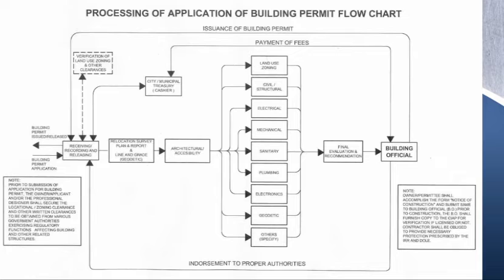This includes land use zoning, civil or structural, electrical, mechanical, sanitary, plumbing, electronics, geodetic, and others if specified. And these are all the plans that need to be submitted to the building officials.